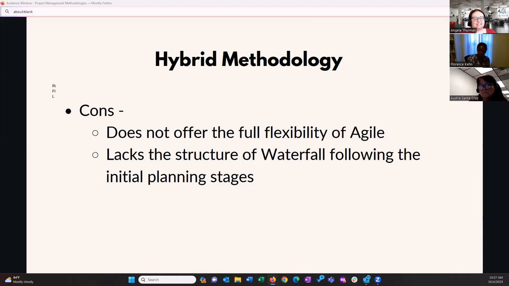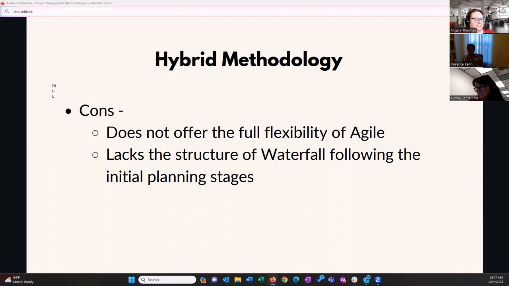So it lacks the full opportunities that they would provide. But if it works for your project, it is an option.